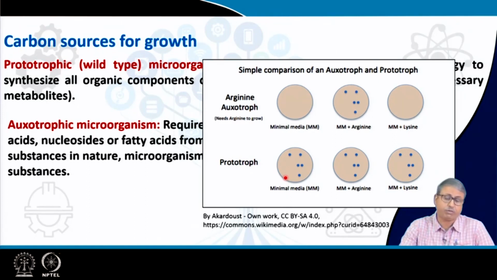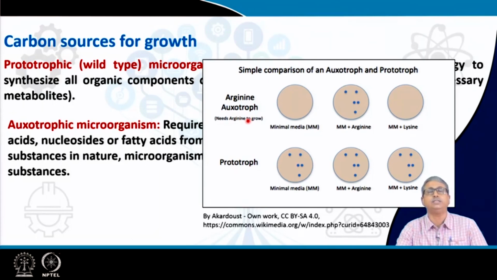But, for example, we have obtained some auxotrophic variant of the same organism, and these auxotrophic variants are, with respect to arginine metabolism, defective in the sense that they are unable to produce the arginine amino acid by themselves from the carbon source or the substrate that we provide them. That means, in other words, they need arginine to grow.